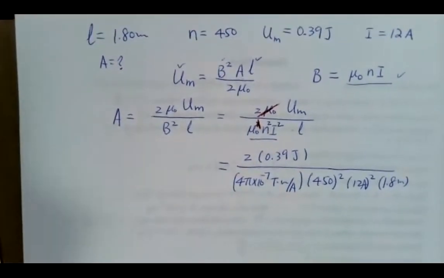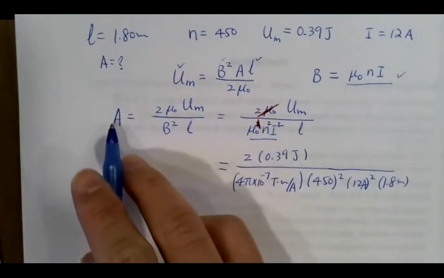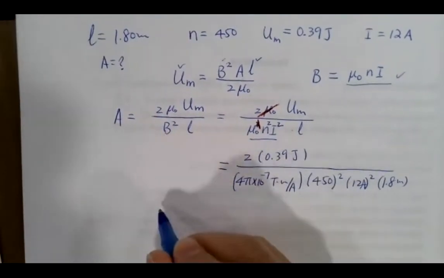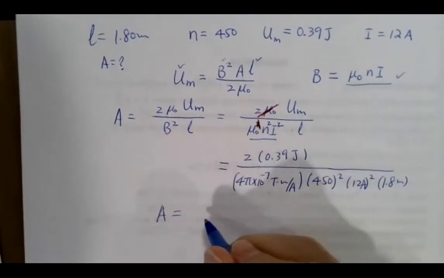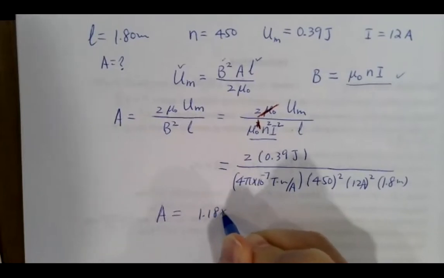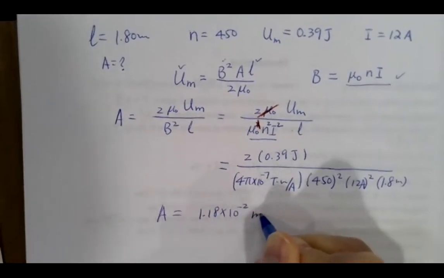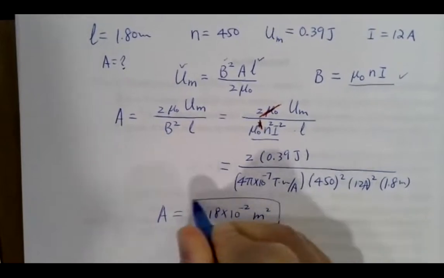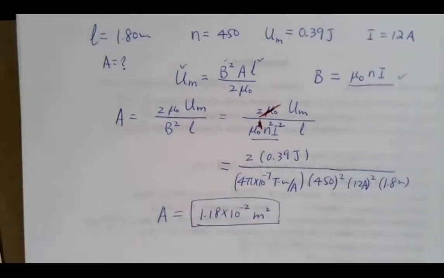After that, you can calculate your area. So the area is equal to 1.18 times 10 to the minus 2 meters squared.